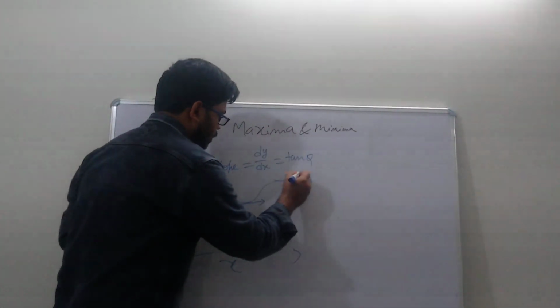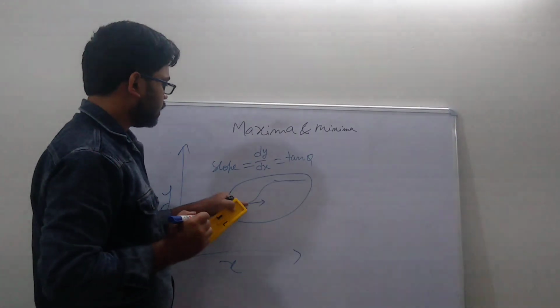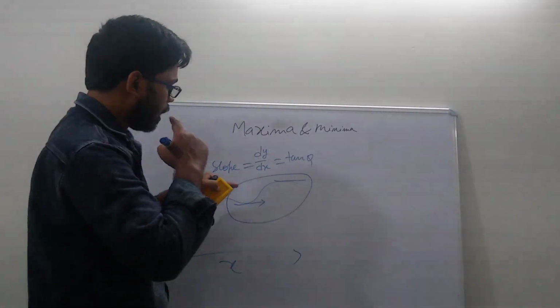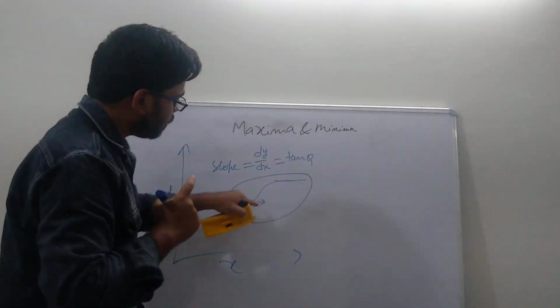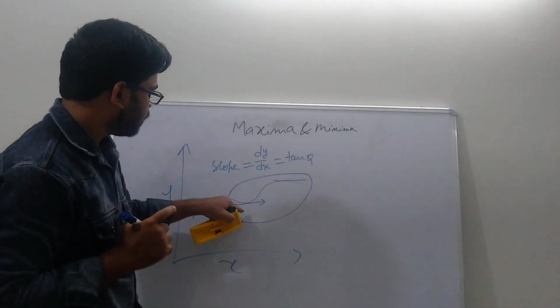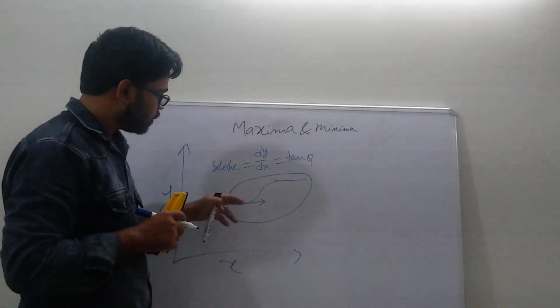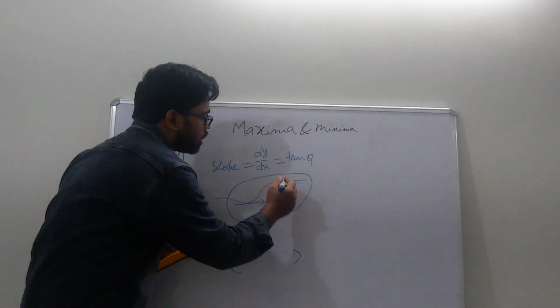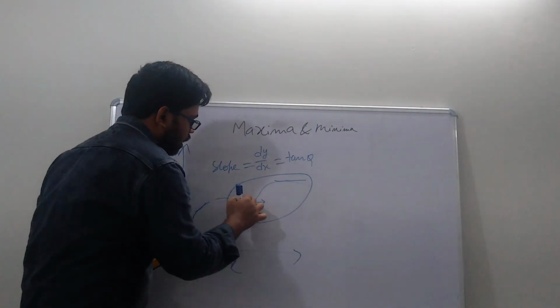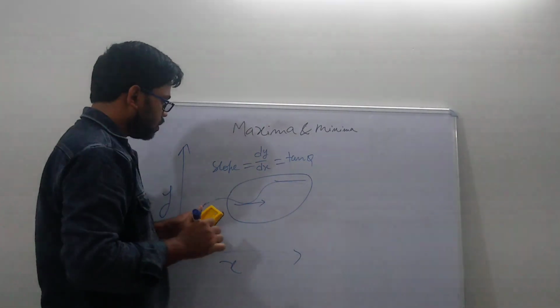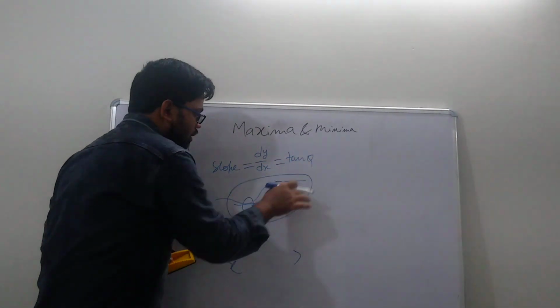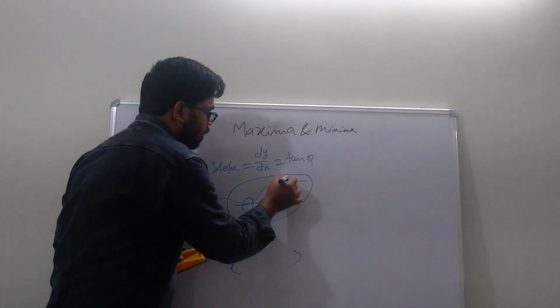If you analyze this particular section, this is minima and this is maxima, and at both places we have the slope as 0, right? Because the slope is parallel, since here the graph is moving downward and here the graph is moving upward. So the minimum value in this region is this and the maximum value is this.